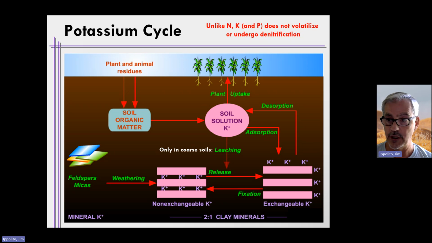And so that diffusion occurs from where? Let's take a look at this. The diffusion of potassium actually occurs via desorption and adsorption reactions from potassium on exchange sites, on the cation exchange sites.